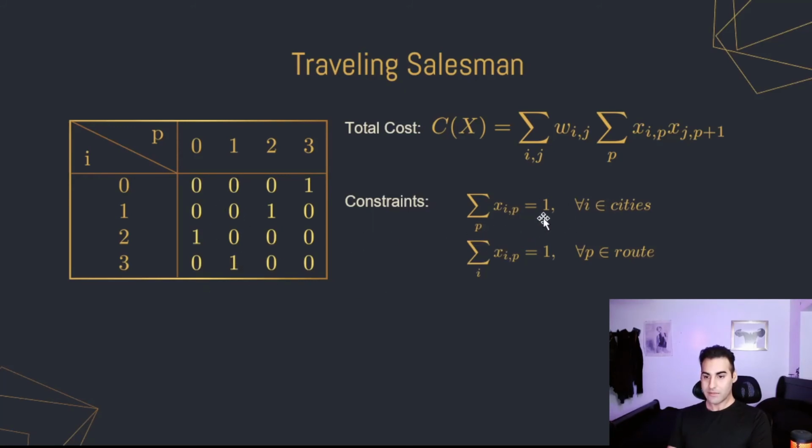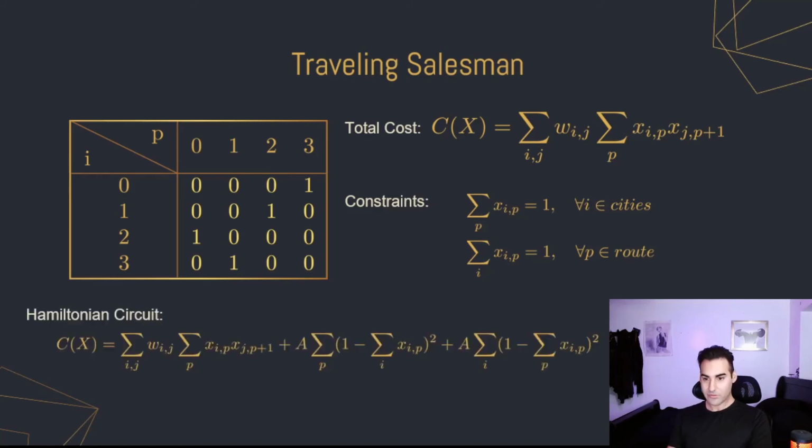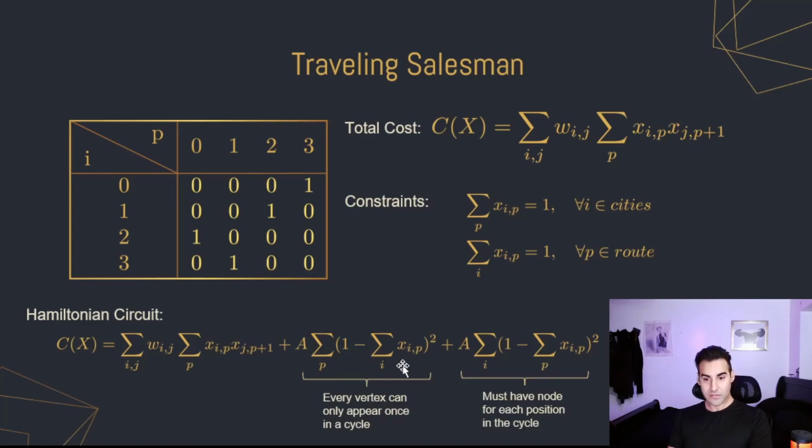So now if we look at this matrix here, we'll notice that there are constraints associated with it, that if we sum across a row, we get 1, and if we sum across any column, we also get 1. And we can apply these constraints to our cost function to produce a Hamiltonian circuit, where this term here means that each city can only appear once in a traversal, and that each position in the traversal has to be occupied. If either of these are violated, this term A is set to be very large so that the entire cost is thrown out, because we're trying to minimize this thing.